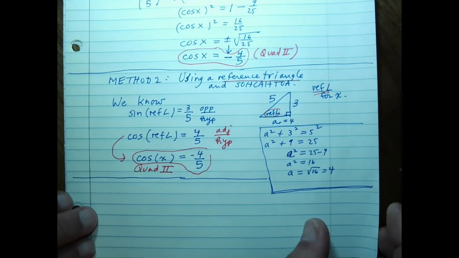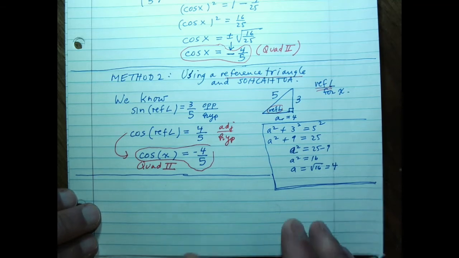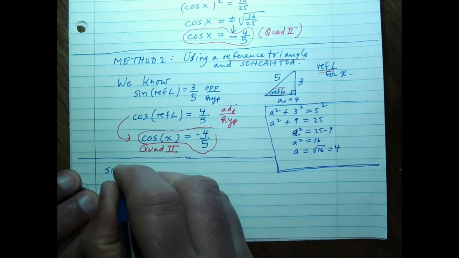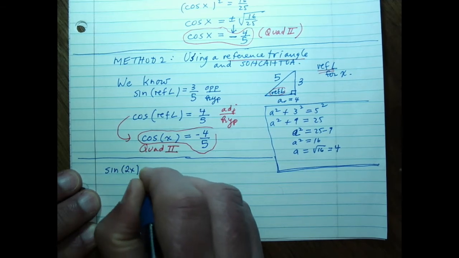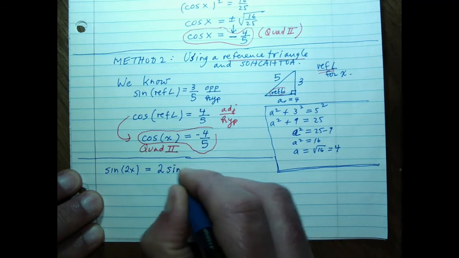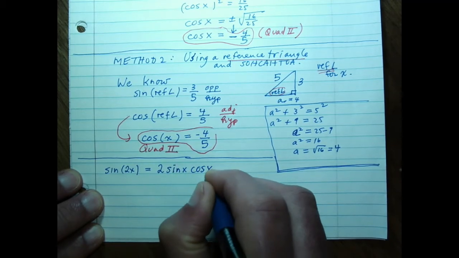Now we got to finish our problem, right? We got to find sine of 2x, which now we can just plug into that identity, because sine 2x is 2 sine x cosine x.